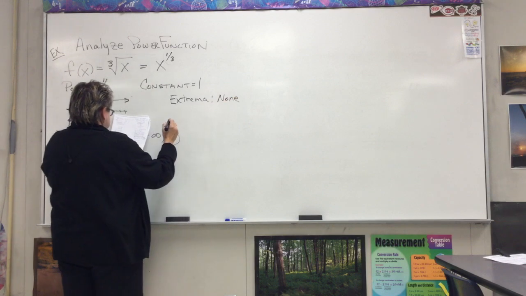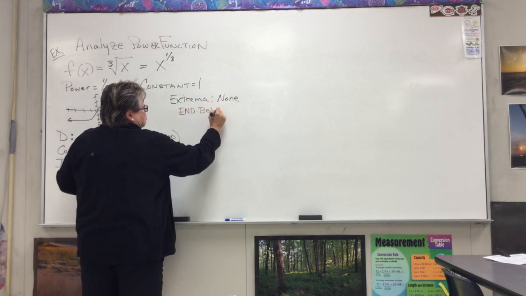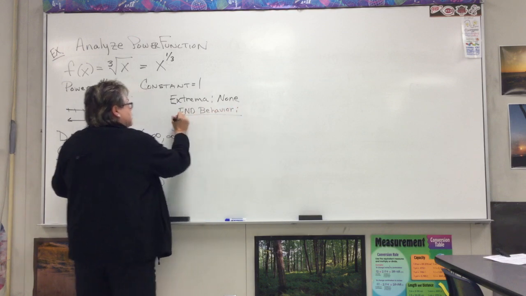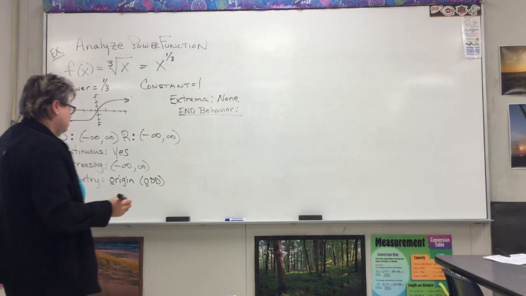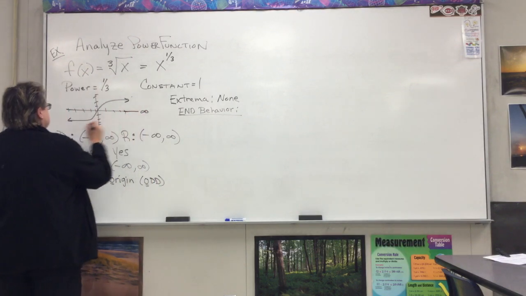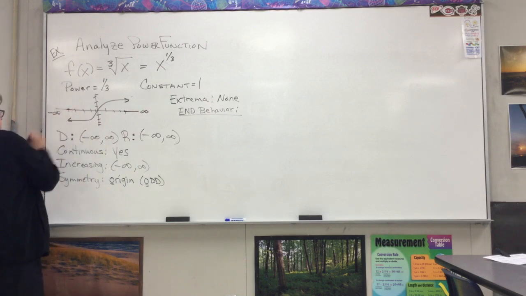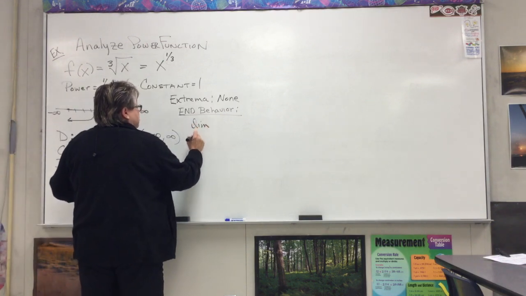Okay, end behavior. All right, so when we describe end behavior, again, we're going to work with limit statements. Okay, so I want to know what's going on as x goes to infinity and also negative infinity. Those are the two ends of your graph. All right, so let's do the negative one first. So we'll go from left to right.